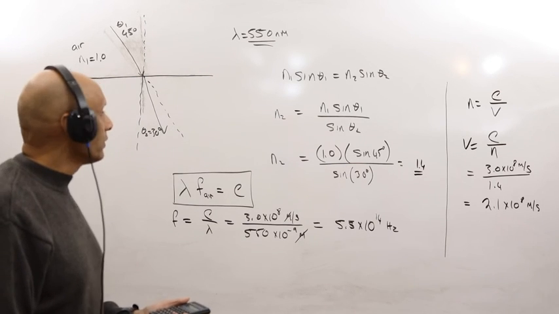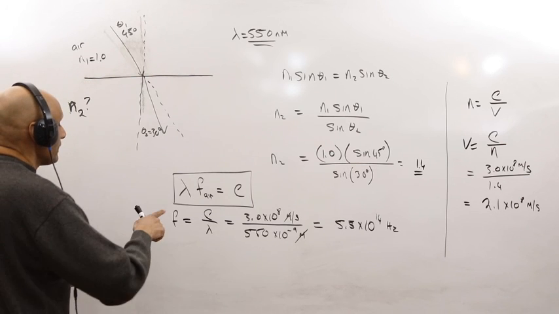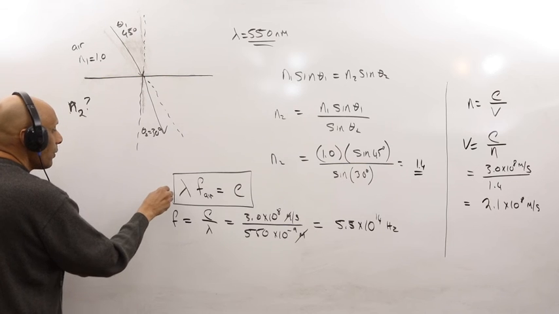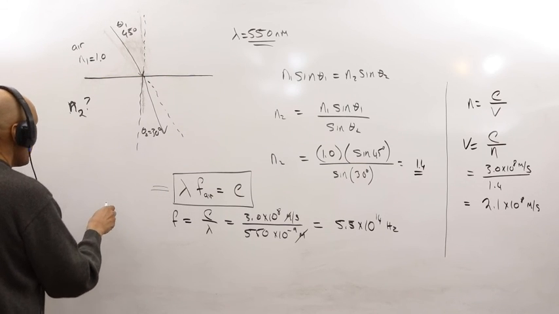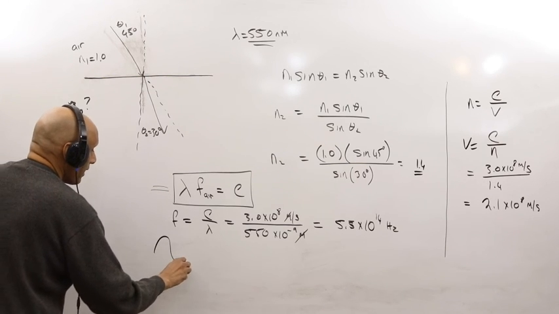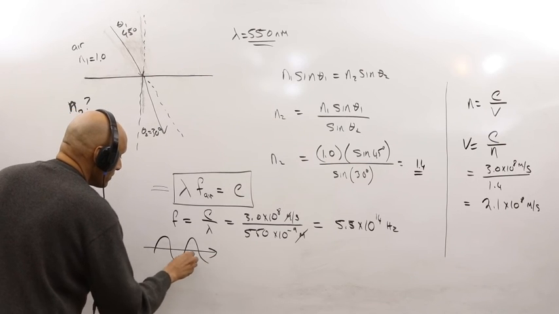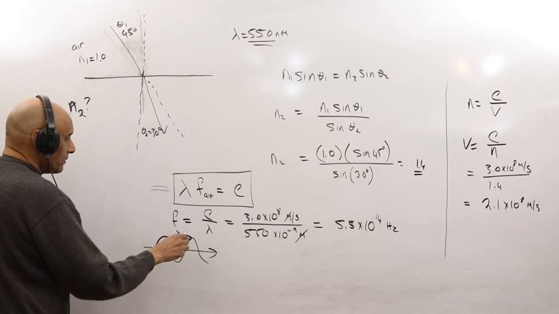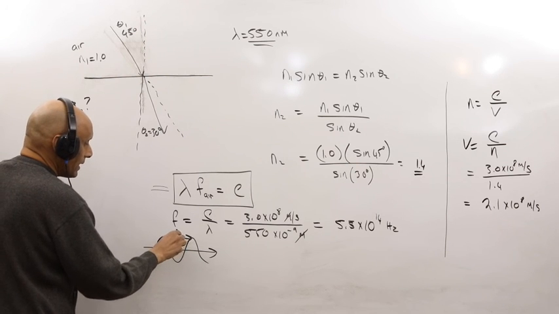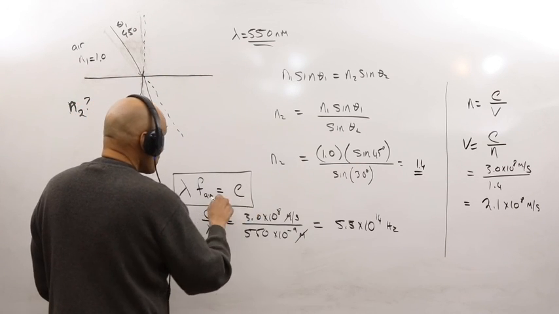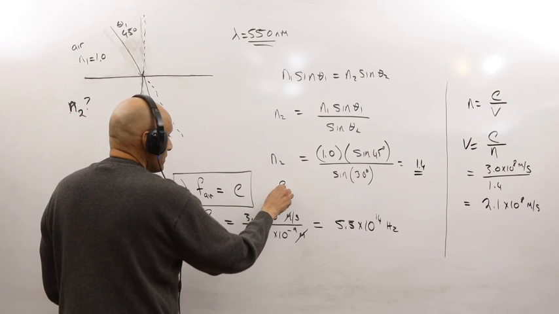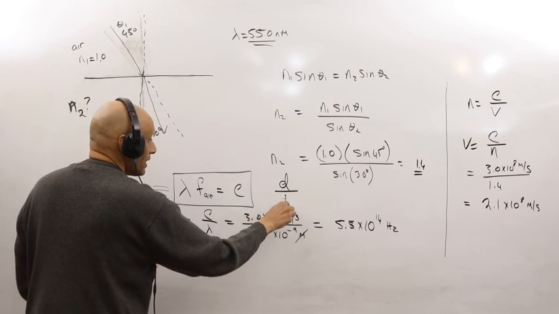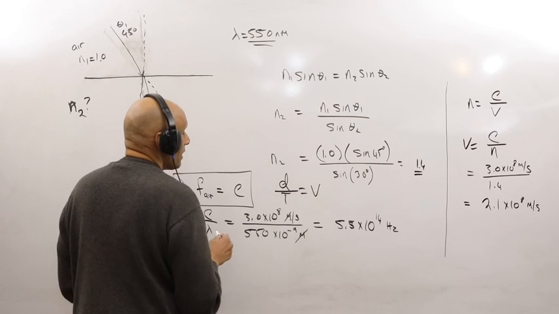So what you should have learned is to remind you that lambda times frequency is equal to c. And remember, this equation is nothing more than saying that you have a wave that's traveling, and the wavelength is defined to be here. This is an equation that says distance traveled over the time taken, which is the velocity of the object.